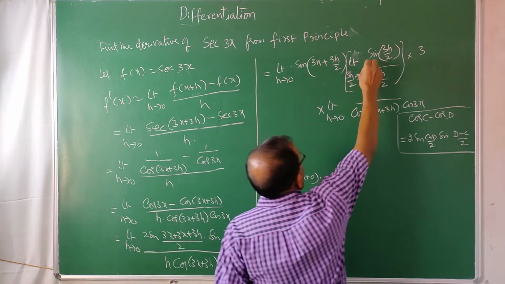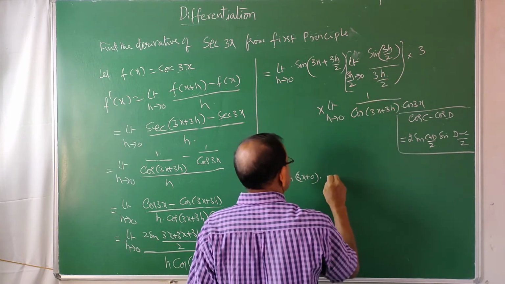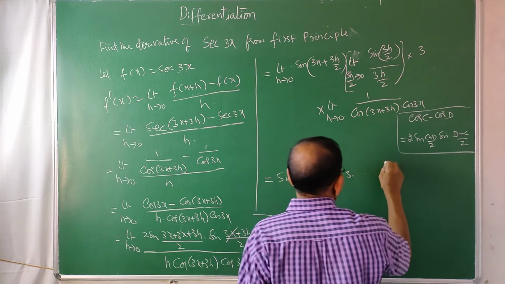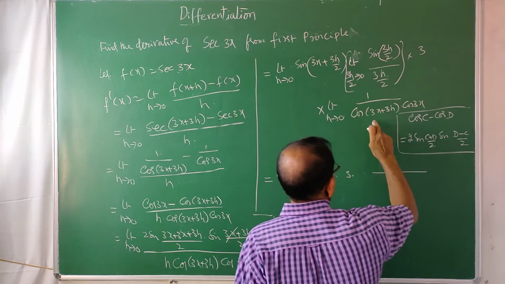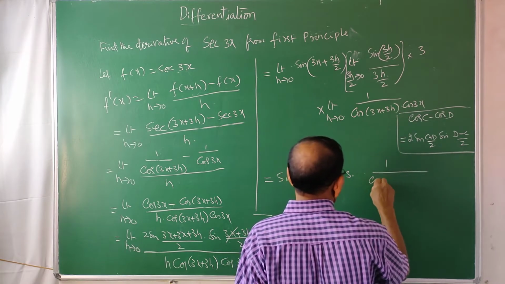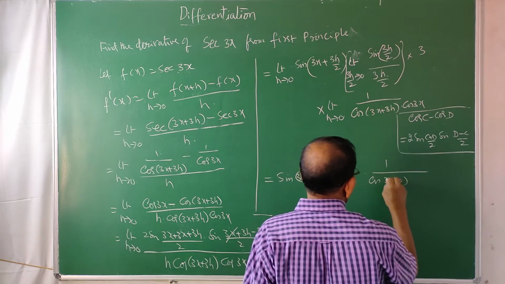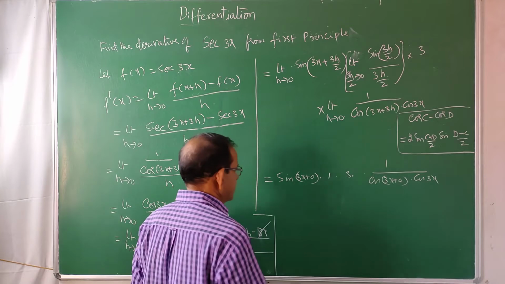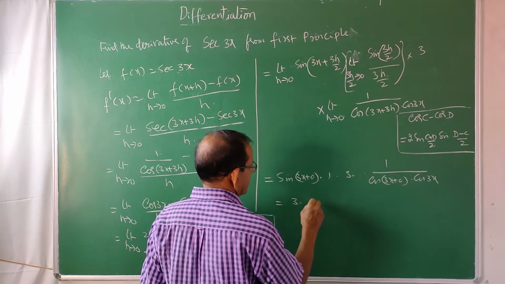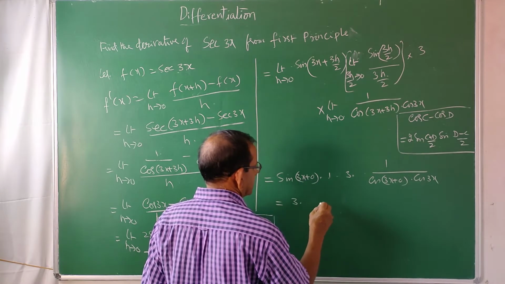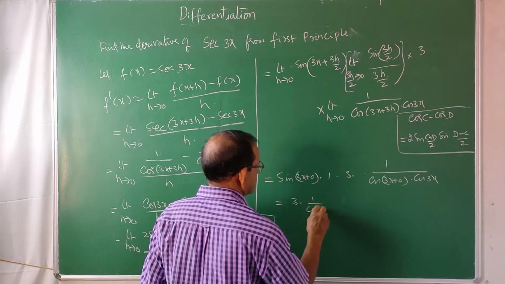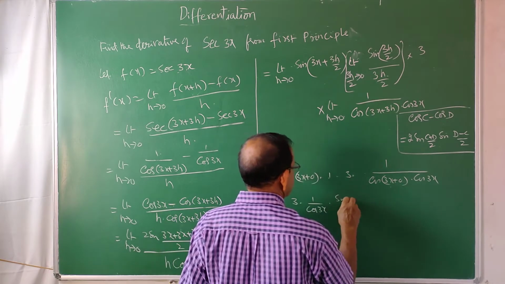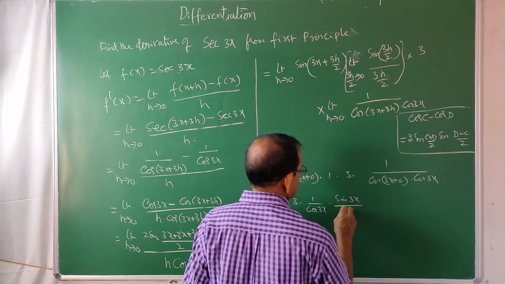This is 1, sin theta by theta as theta tends to 0. 1 into 3, that 3 into, in this one put h is equal to 0. You will get cos 3x plus 0 into cos 3x. So this is 3 into sin 3x, 1 by cos 3x, into still one more cos 3x is there, sin 3x by cos 3x.